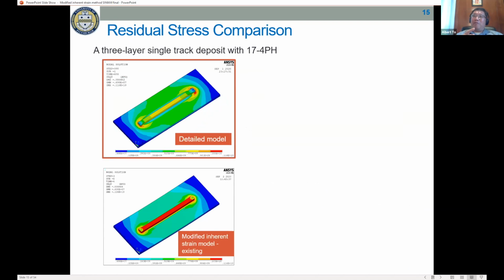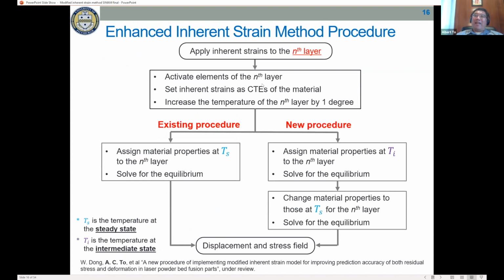We were always wondering why the stress on the surface is so much higher, while internally within the structure it looks reasonable. Later we found out it might have something to do with how we apply the inherent strain to our layer-wise static finite element model.